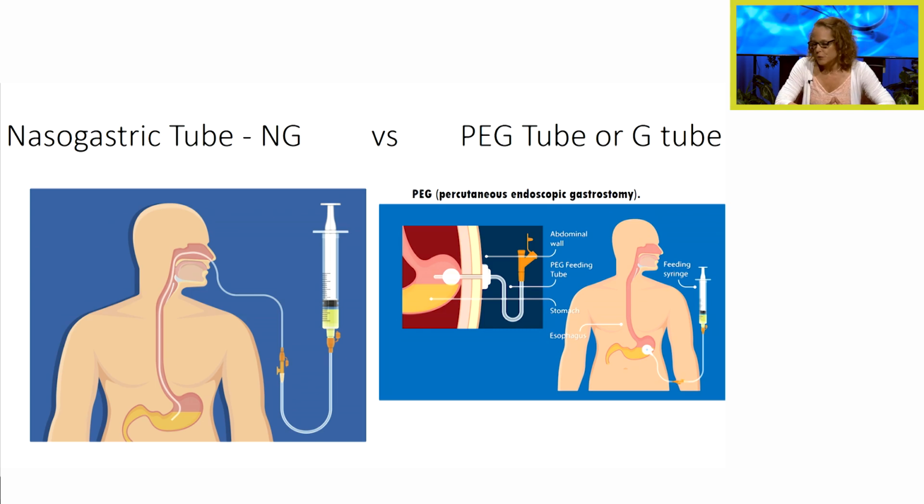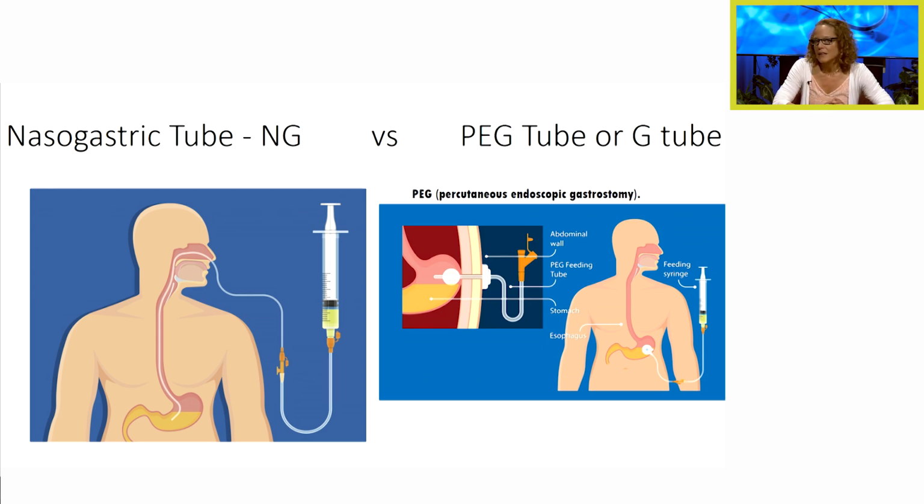However, that is different than a PEG tube, or a percutaneous endoscopic gastrostomy tube. A PEG tube is inserted surgically directly through the abdominal wall and into the stomach, and it is anchored in there with a balloon.